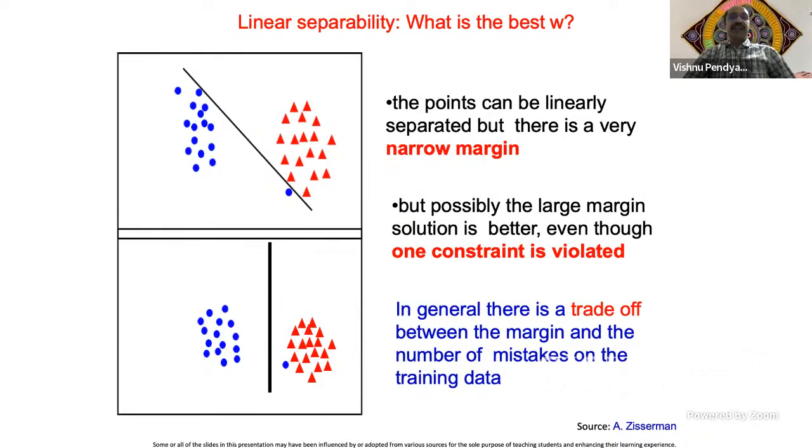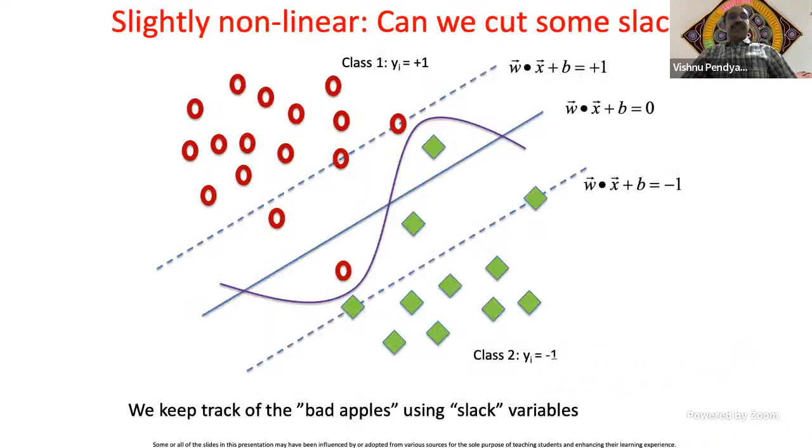So how are we going to handle this? Can we cut some slack? Can we introduce some slack into our strict boundaries? Can we accommodate this kind of decision boundary?